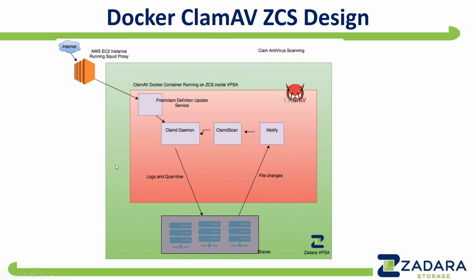So iNotify will watch the file system for any kind of changes, and if a change occurs, it will take that file or group of files and feed it to the ClamD scanner. The clamdscan will feed it to the daemon.